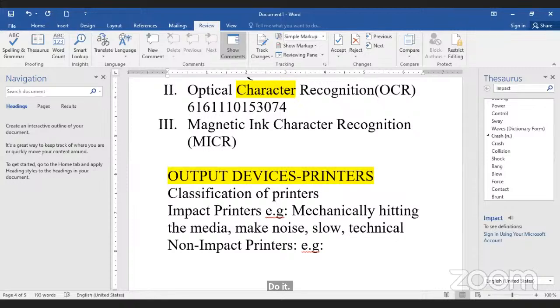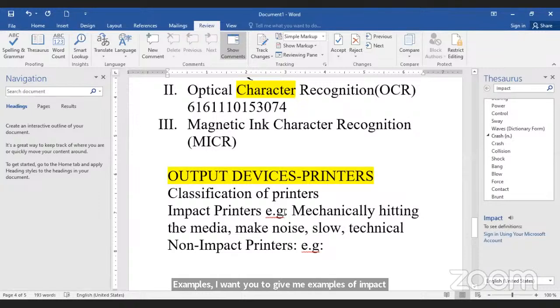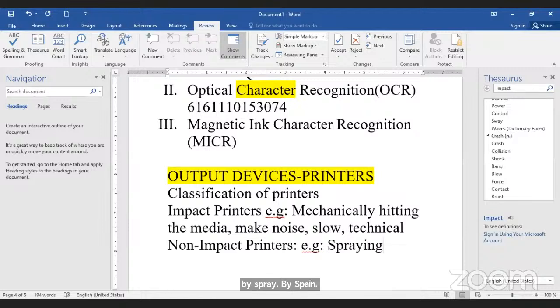Examples, I want you to give me examples of impact printers. Why should I give you notes while you have the notes? Then, non-impact printers: these printers print by spraying ink or engraving toner.